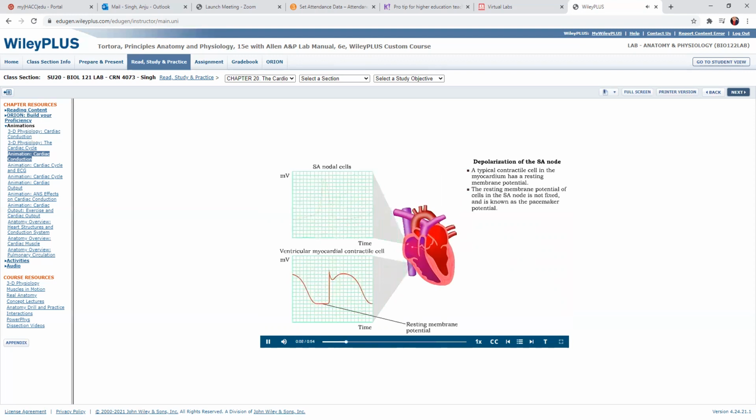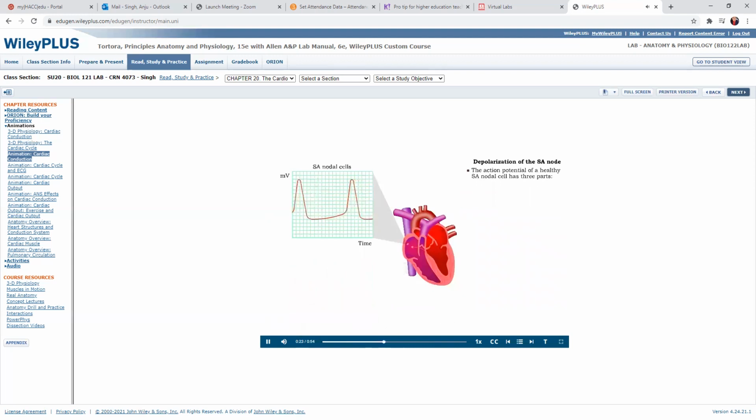Cells in the SA node do not have a fixed resting membrane potential. Instead, the resting membrane potential of an SA node cell is called a pacemaker potential. Each healthy heartbeat starts with a pacemaker potential, in which the autorhythmic cells of the quick-firing SA node spontaneously excite themselves and neighboring cells.